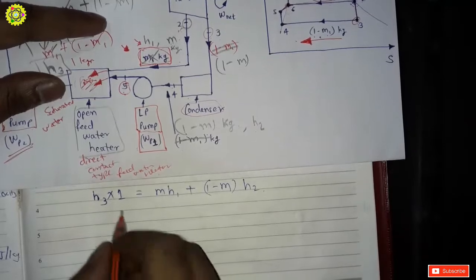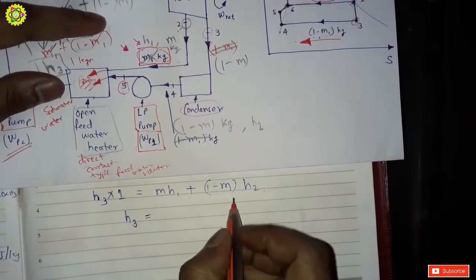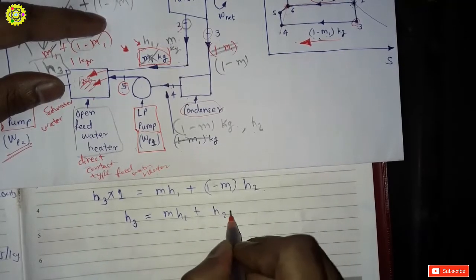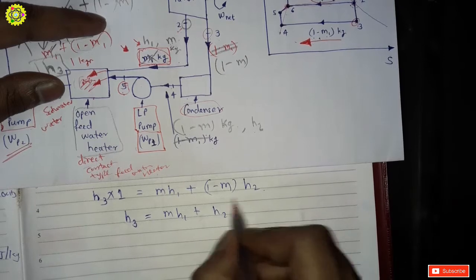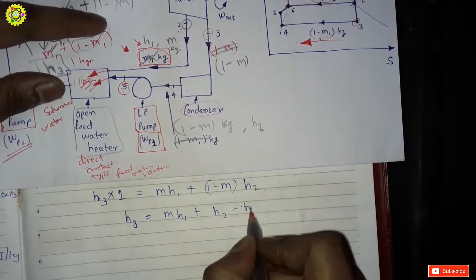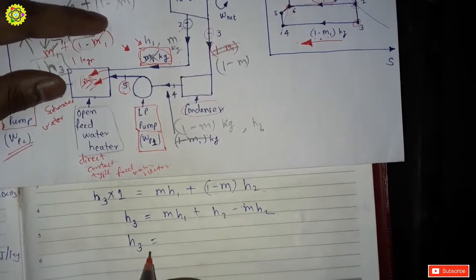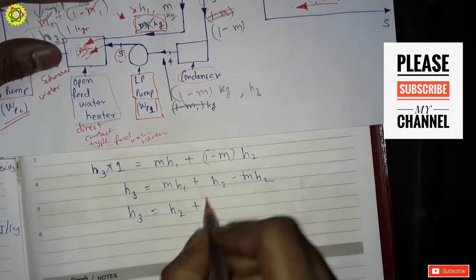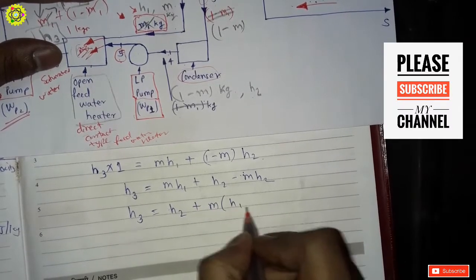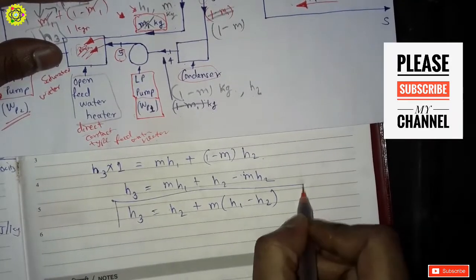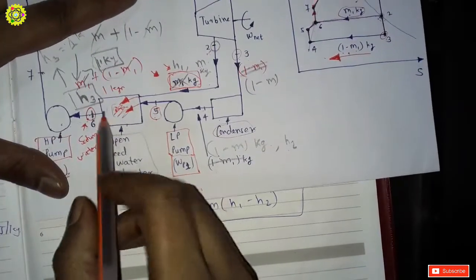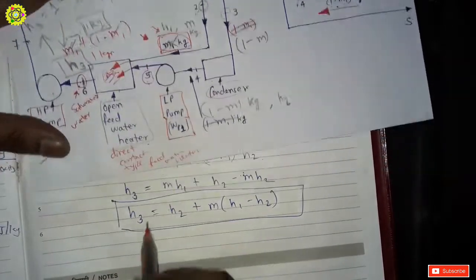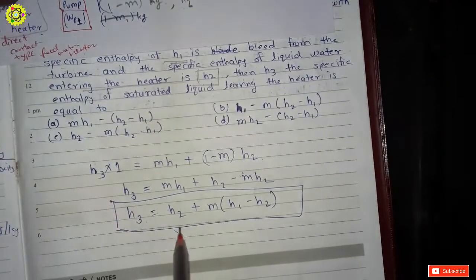Now let's simplify it. H3 is equal to mH1 plus H2 minus H2 minus mH2. Further, H3 is equal to H2 plus m into (H1 minus H2). This is our H3, the specific enthalpy at the exit of the open feed water heater.